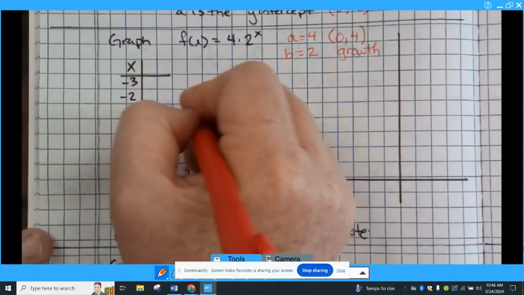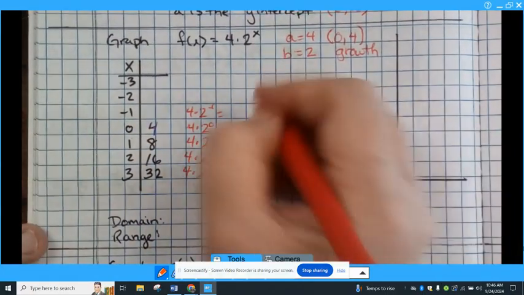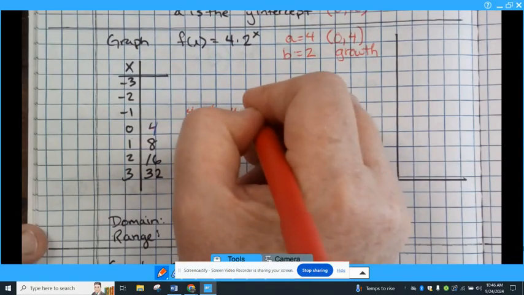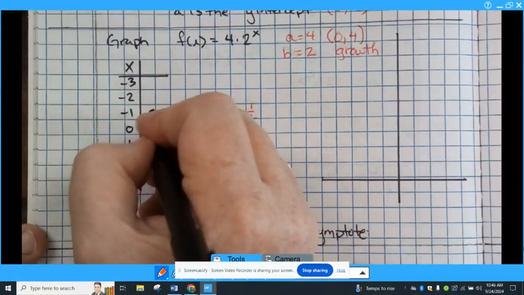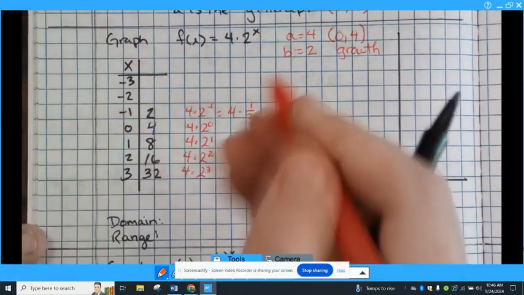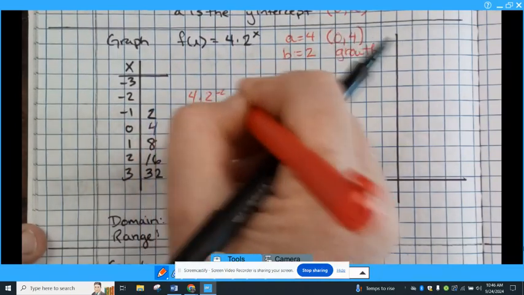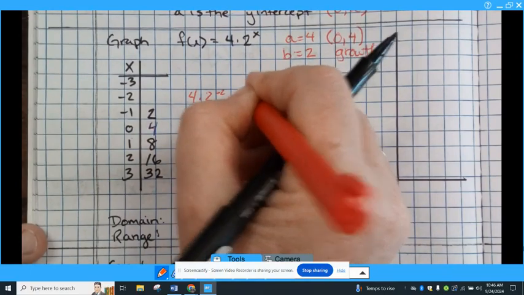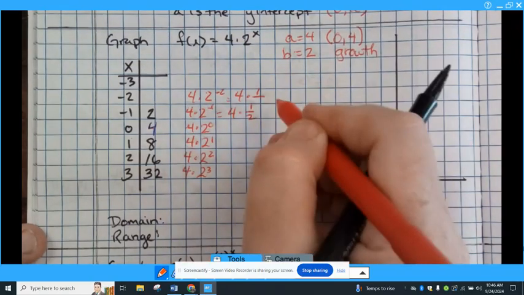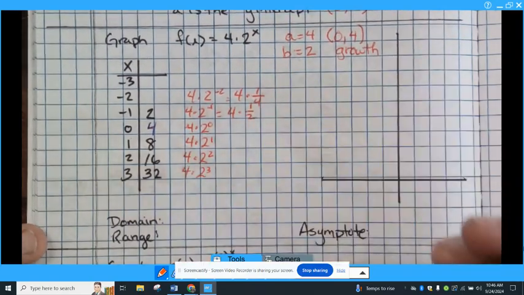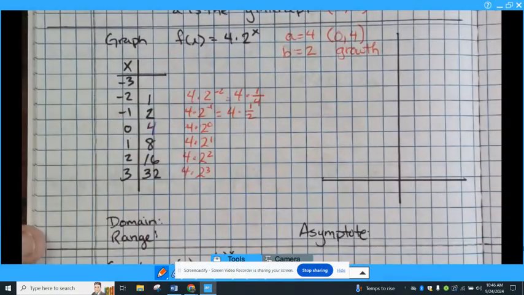Now 4 times 2 to the negative 1. Using our rules of exponents, that means this is 4 times 1 over 2, which is 2. Next is 4 times 2 to the negative 2, which is 4 times 1 over 2 squared. 2 squared is 4, so 4 times 1/4 is 1.